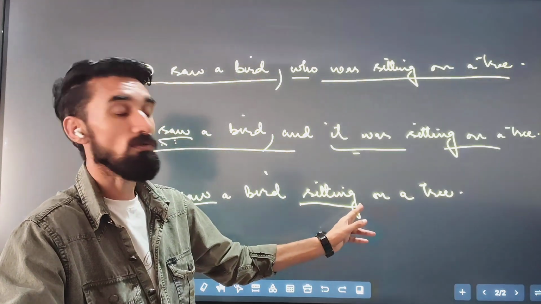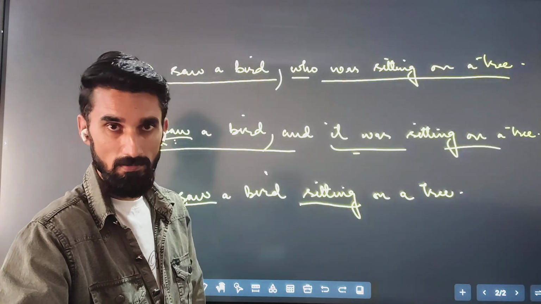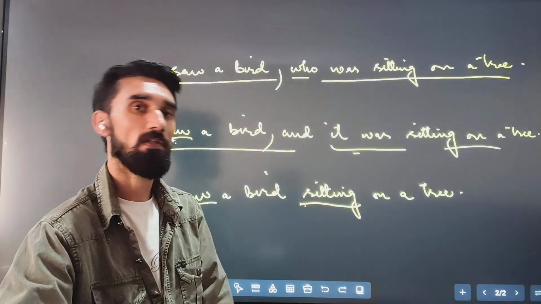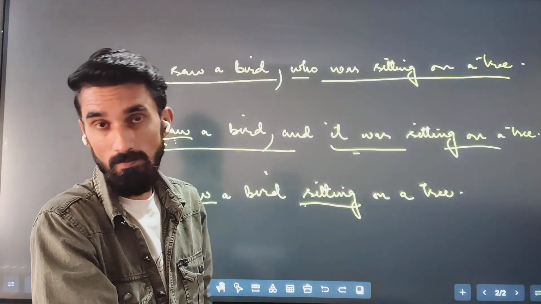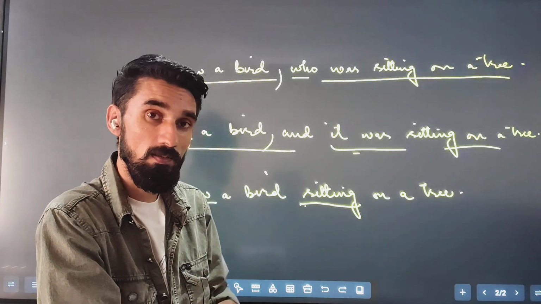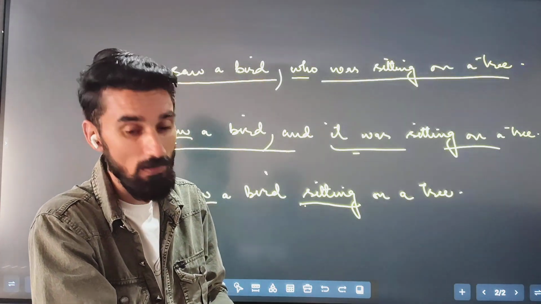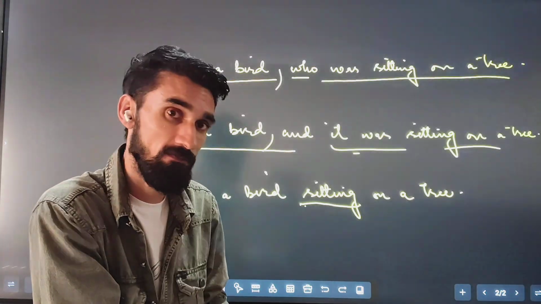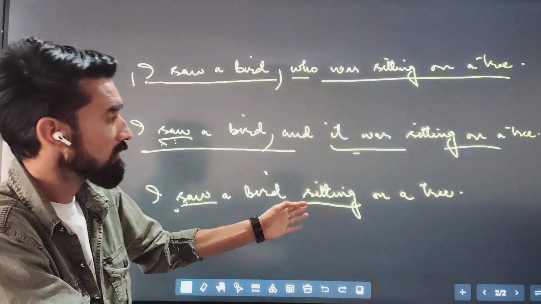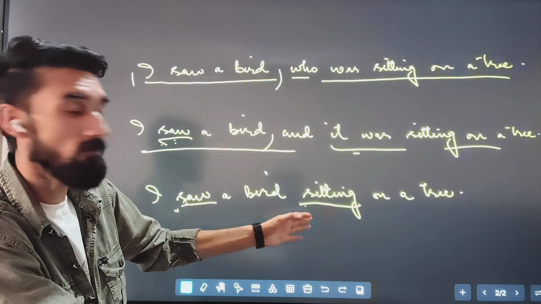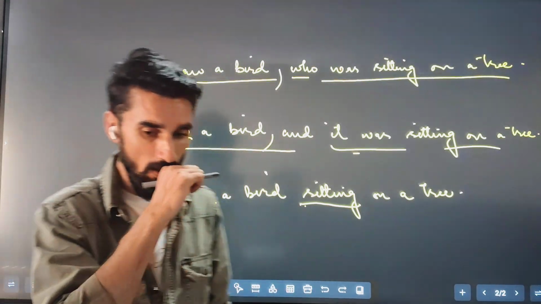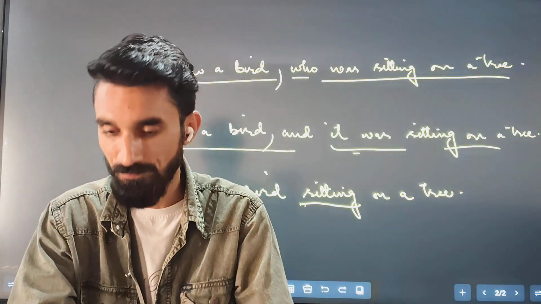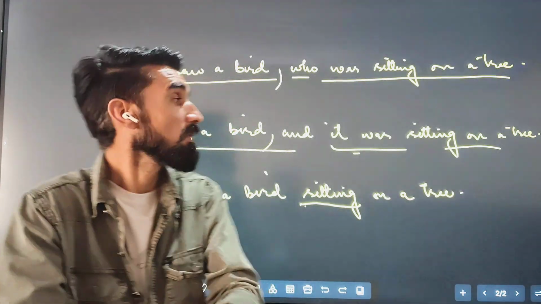Sitting on a tree, that is a non-finite verb. Which kind of non-finite verb is it? It is a participle, particularly a present participle. It works as an adjective. So this is the participle here, this is not a verb. The verb here is only this one and it is the finite verb.